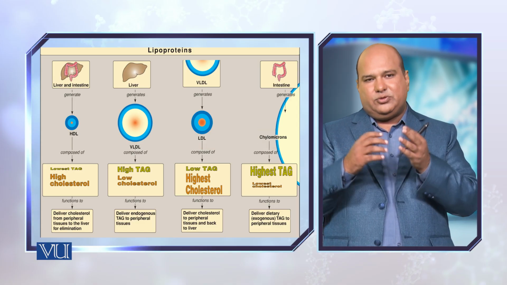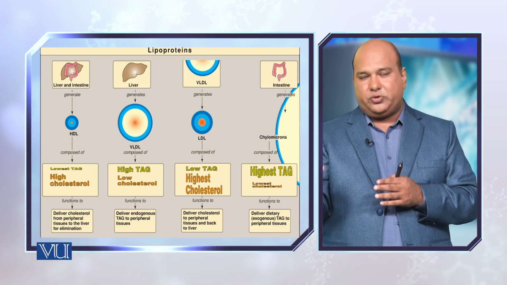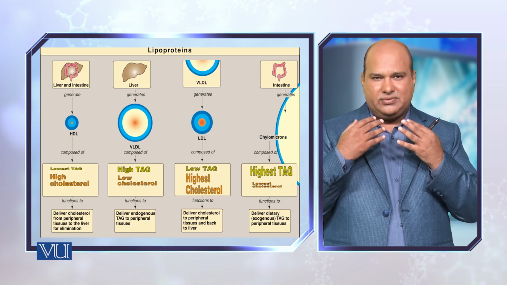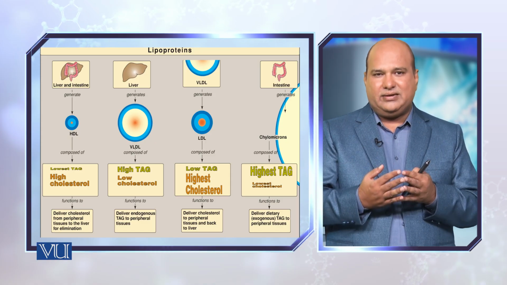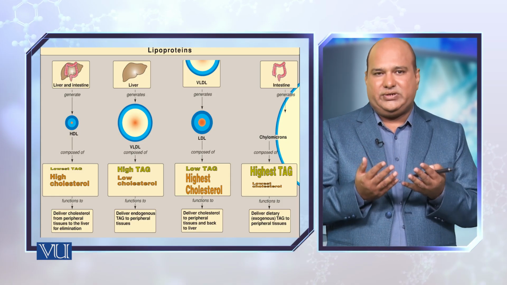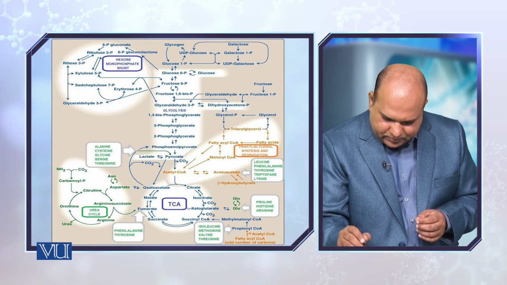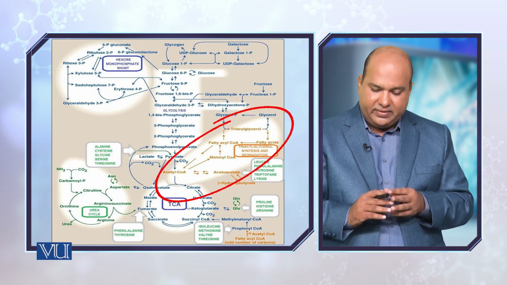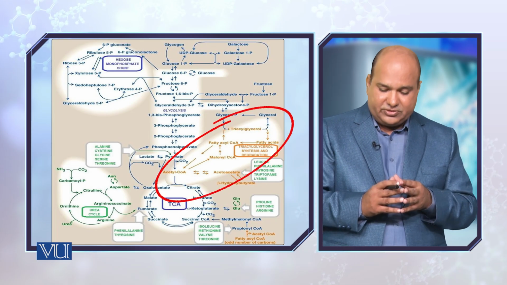All of these help in the transportation of lipids, and any defect in this transportation has very important clinical consequences, one of which is of course cardiovascular disease. So this shows the metabolism specifically of the triacylglycerols.